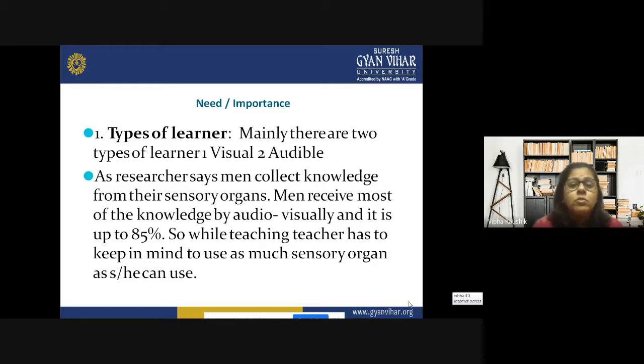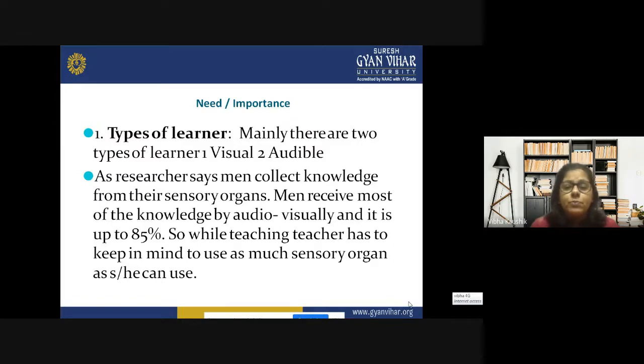Means from the results of different researchers we can see that men receive most of the knowledge by audio visually, and it's up to 85%. Means most of the knowledge that the learner gets or receives is through the use of the audio visual.